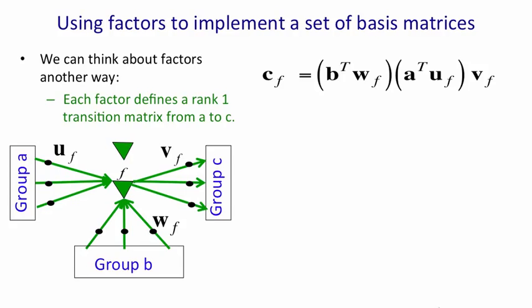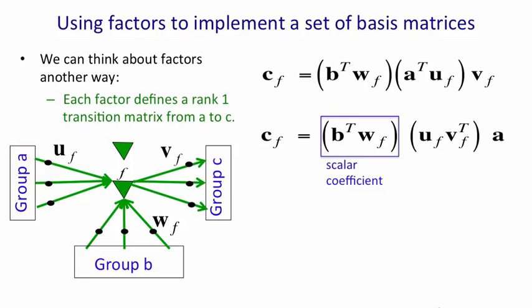We can rearrange that equation so that we get one scalar product, and then we've rearranged the last bit so that now we take the outer product of the weight vector u and the weight vector v, and that gives us a matrix, and the scalar product that we computed by multiplying b by w is just a coefficient on that matrix.